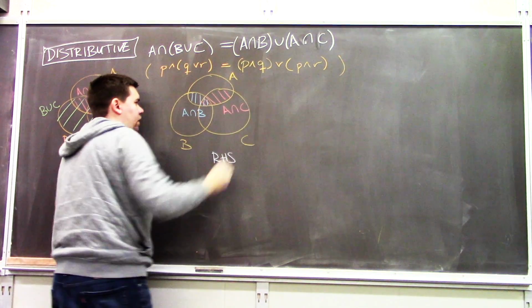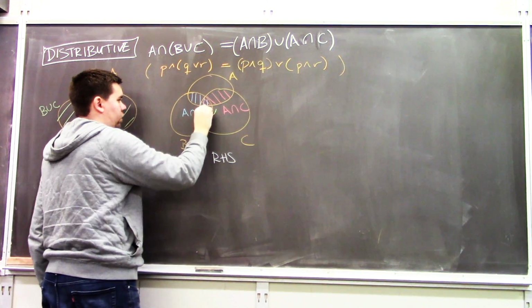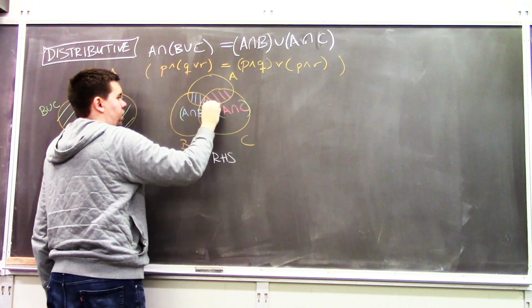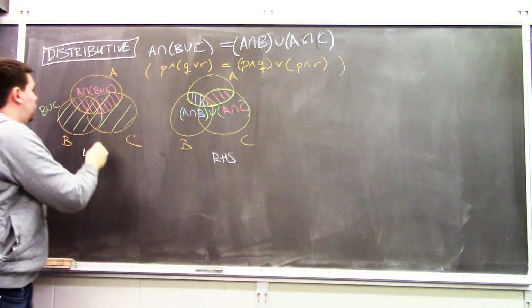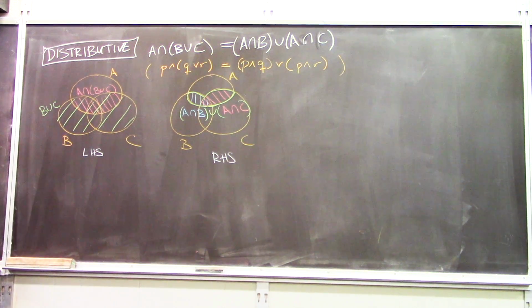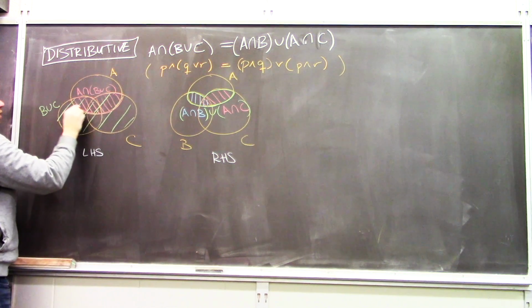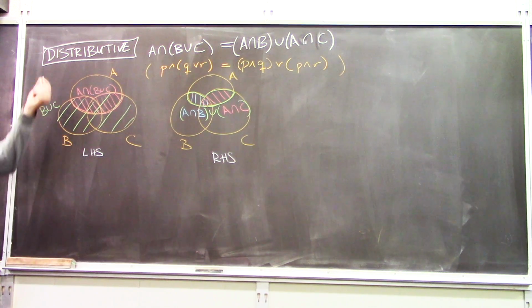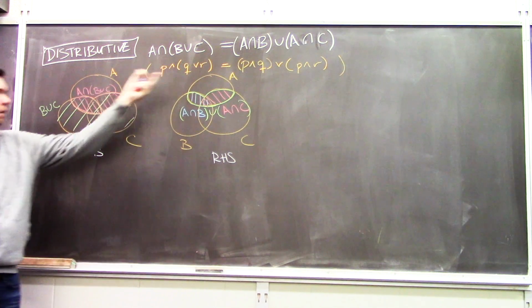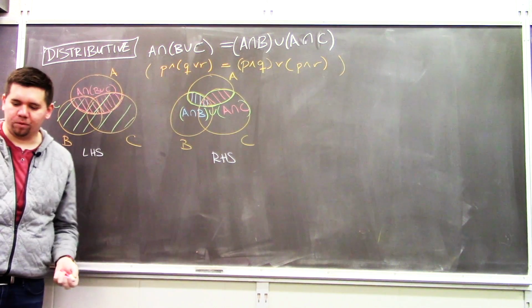And when you take the union of those, you end up with the same region as we had here. So this is a way to verify the relationship with a Venn diagram. Or you can see it logically. Or you could do a proof like we did before, where you'd have both directions.